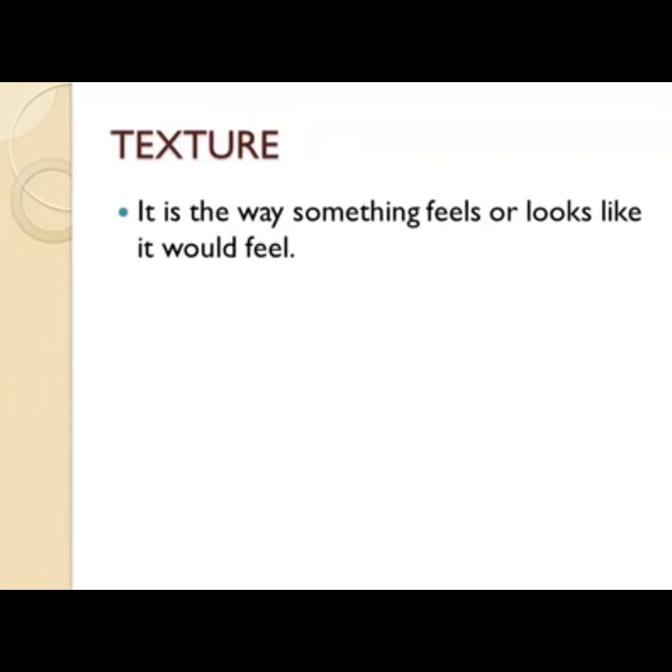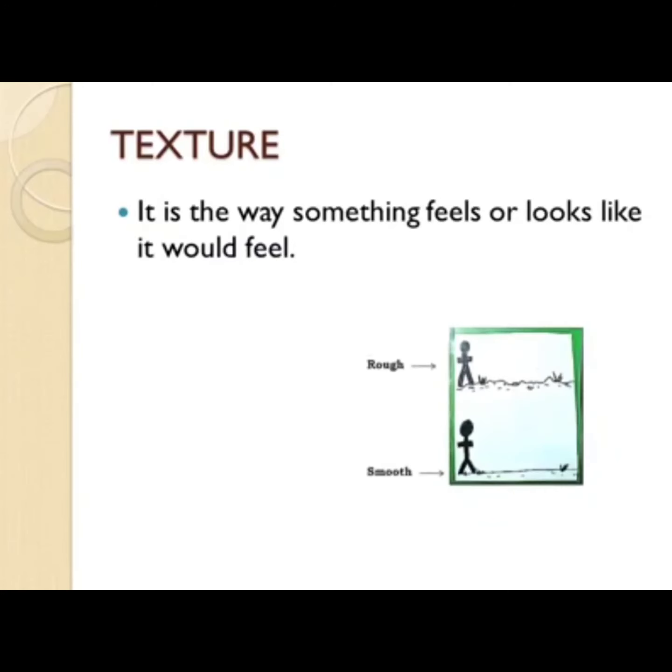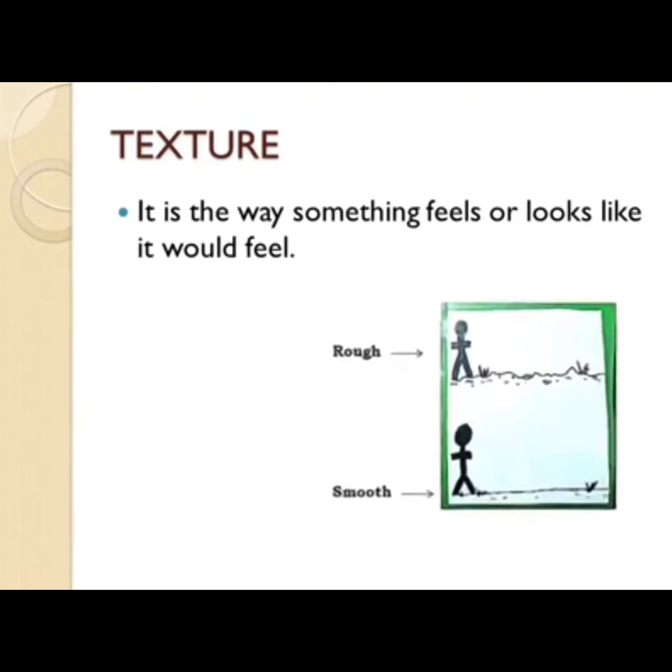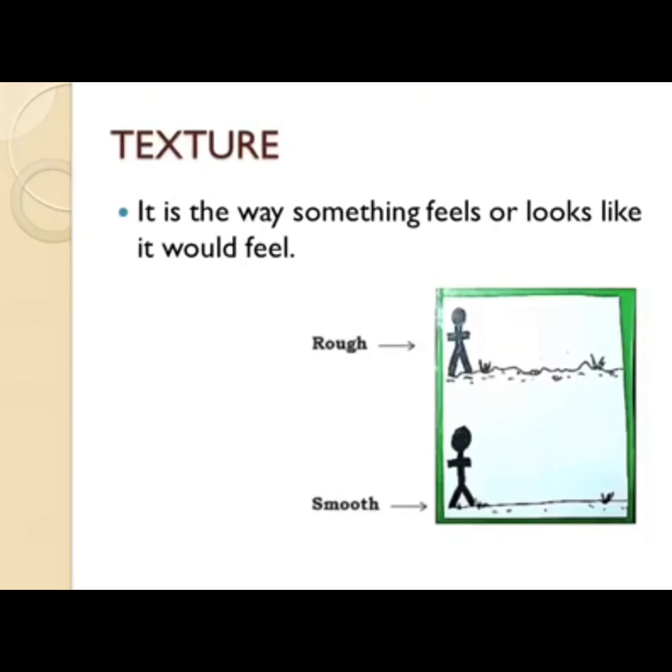The next element is what we call texture. Texture is the way something feels or looks like it would feel. Now look at the picture. You can automatically see where is the rough road and where is the smooth road. But you don't have to touch it for you to identify it, because texture is also how we can perceive it.